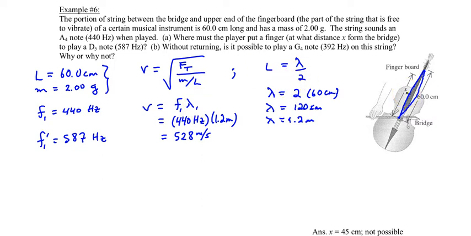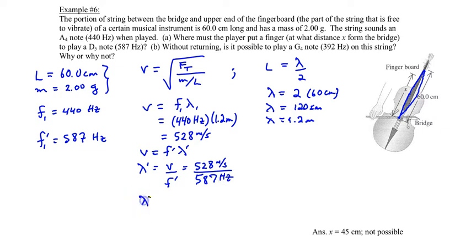So using the speed of 528, we're going to use F prime times lambda prime for this new frequency of 587 hertz. So the new wavelength for that particular frequency would be the speed divided by the frequency we want to achieve. So 528 meters per second divided by a 587 hertz note.